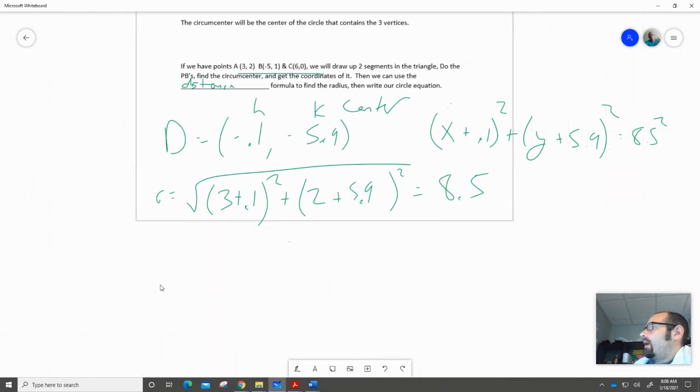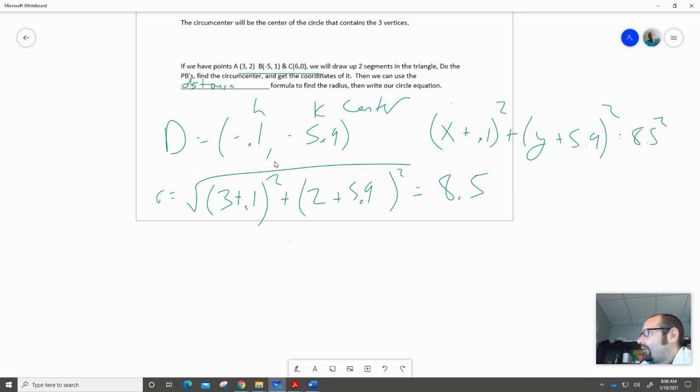So we did 3 minus negative 0.1, which is really 3 plus 0.1 squared. And on the second thing, we had 2 plus or minus negative 5.9, which is really plus 5.9 squared. So we did the distance formula with that.